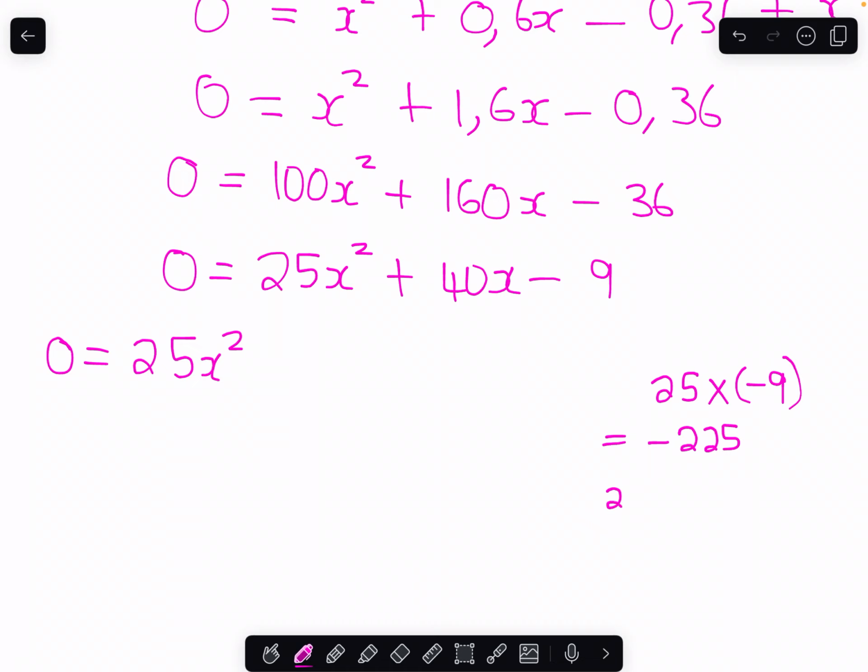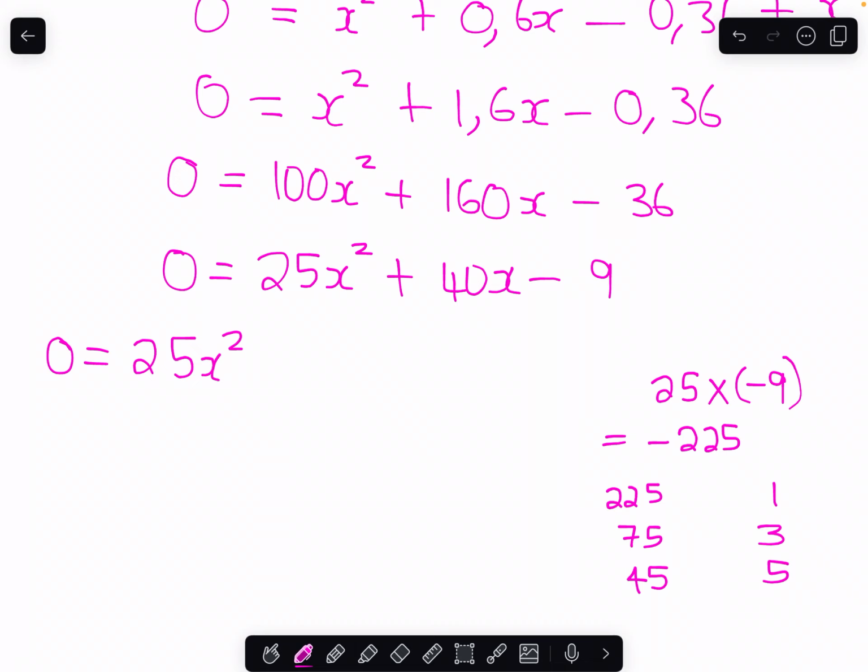Okay, so it is a 225 under 1 plus or minus. 3 also goes in there. It goes in there 75 times. I'm just looking at the factors of these guys. Next up we have 5, which goes in there 45 times.